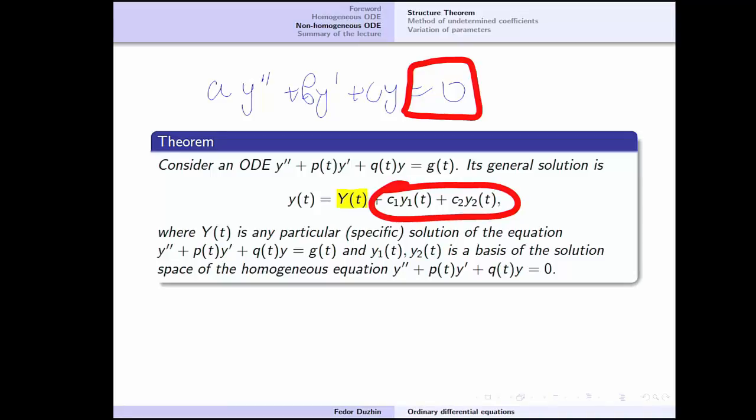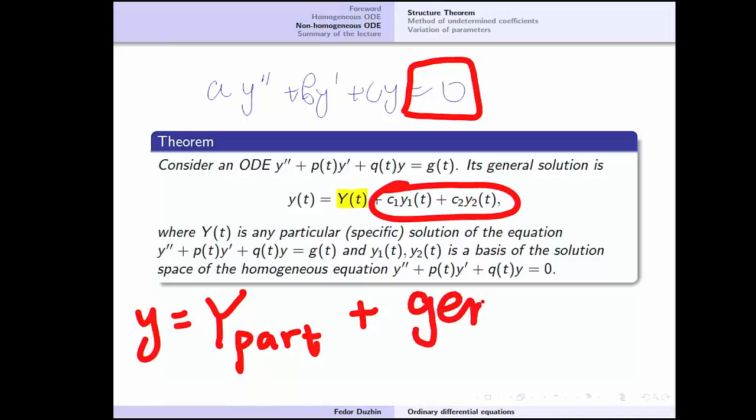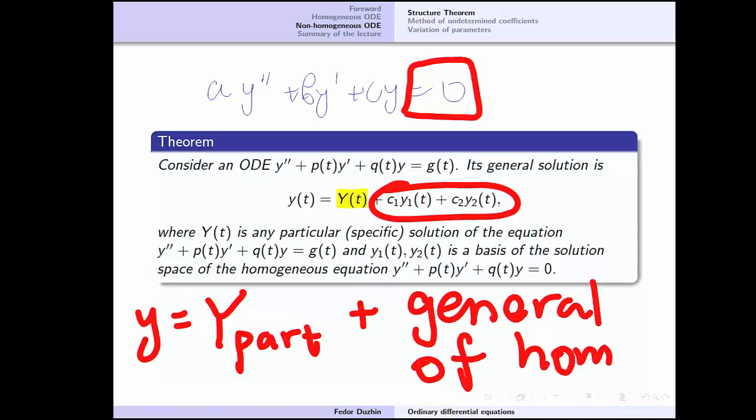So let me write it. So y equals a particular solution of this equation plus the general solution of the corresponding homogeneous equation.